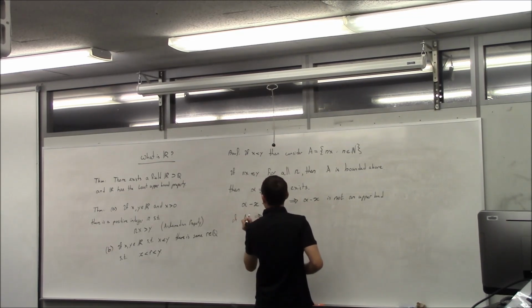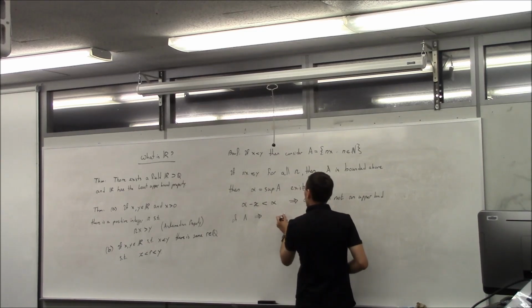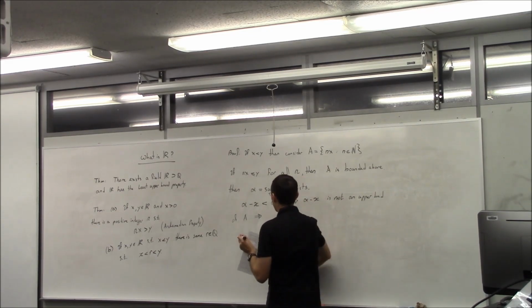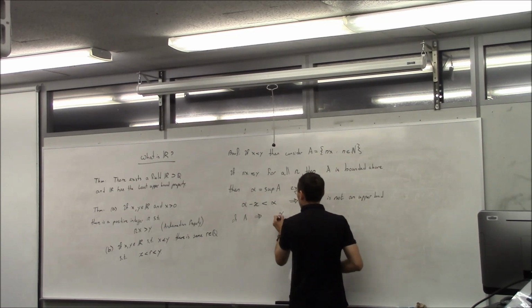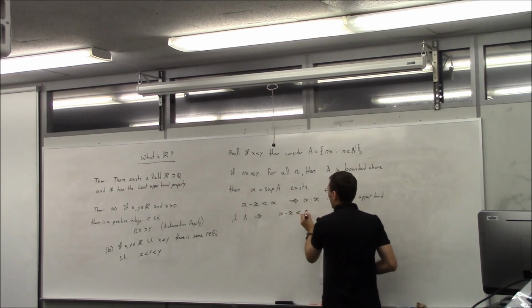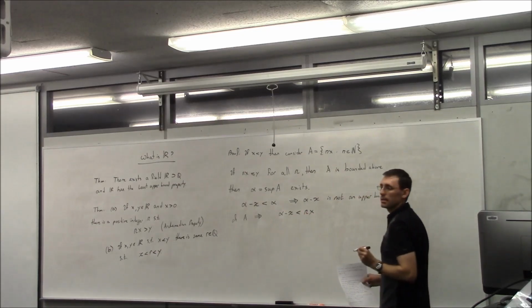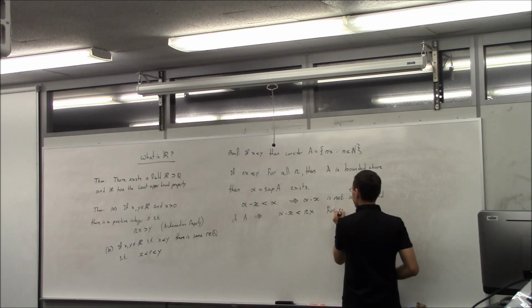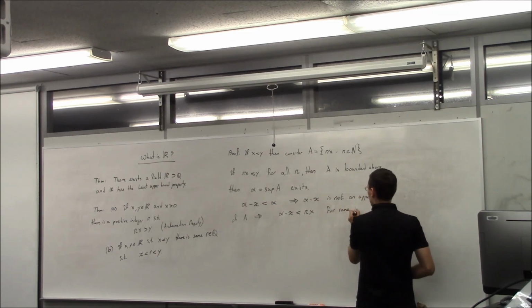Which implies what? Which implies that there is going to be a number of the form n times x, let's write like this: A minus alpha minus x is going to be less than some number n times x, or some integer n.